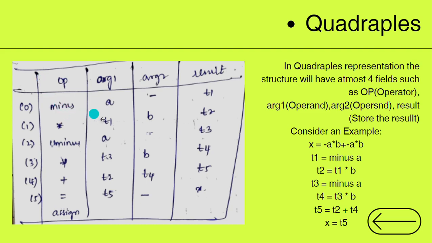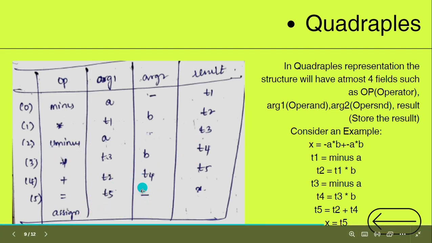Argument 1 is A, we don't have any argument 2, so we are keeping it empty, and we are storing this in T1. The next one is into. Here we are multiplying T1 into B and storing it in T2, like that we have to keep everything and assign it. We are storing it and taking the result, like that.